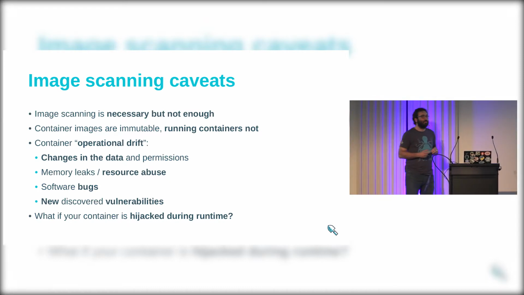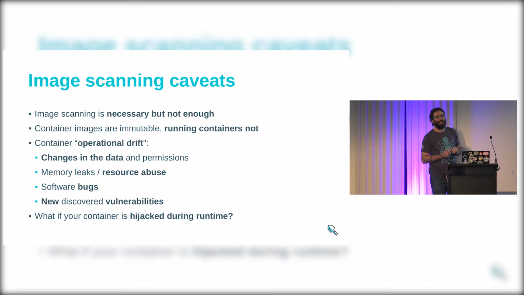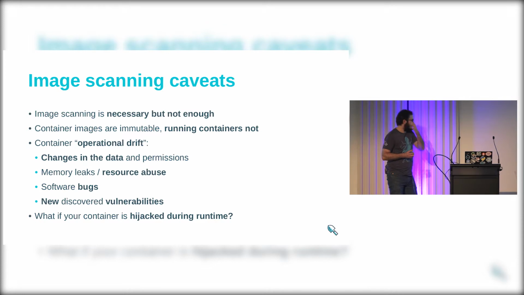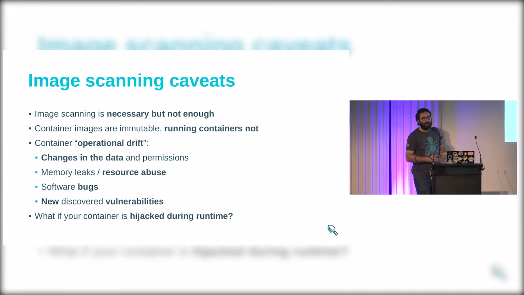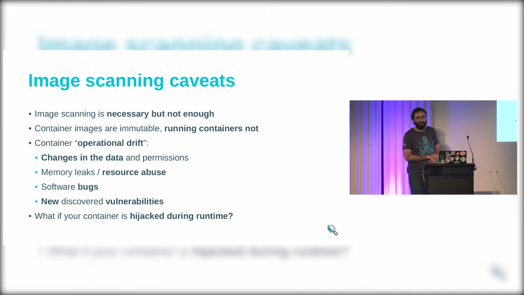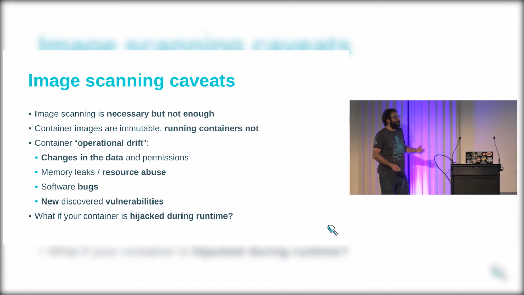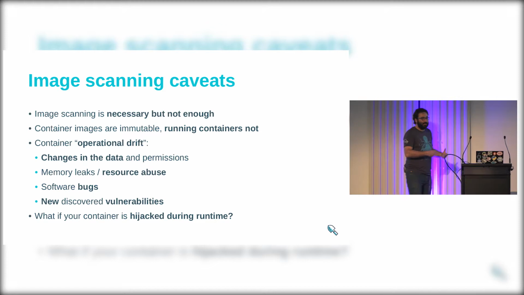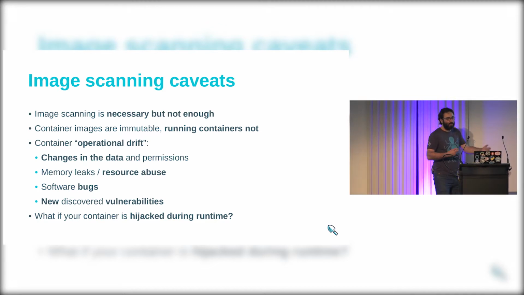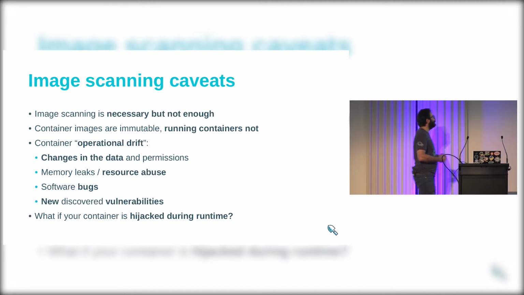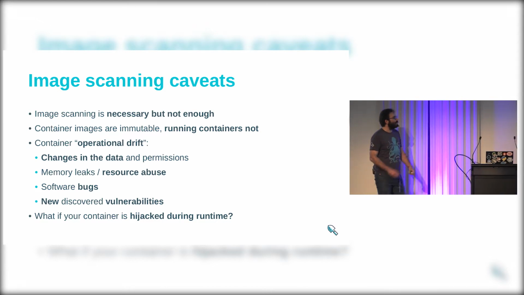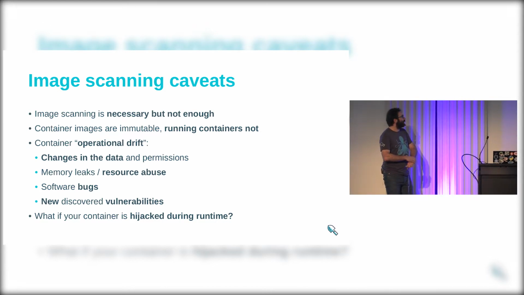It's going to start rotting, to say it in some way. Because the application perhaps is going to write some files, is going to write logs. There is no guarantee that the runtime is going to behave equally in all cases. I mean, there are also memory leaks. There can also be bugs.